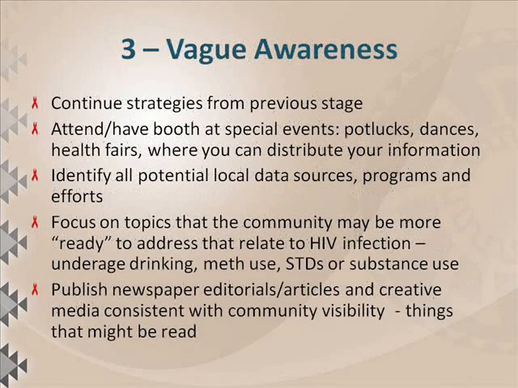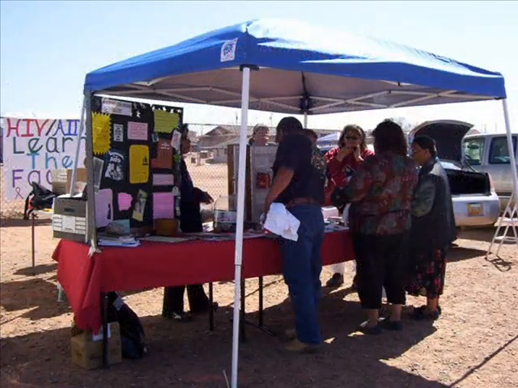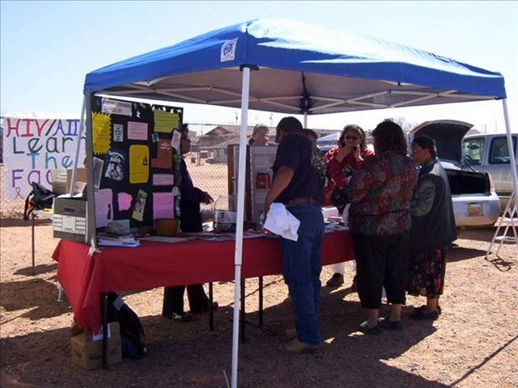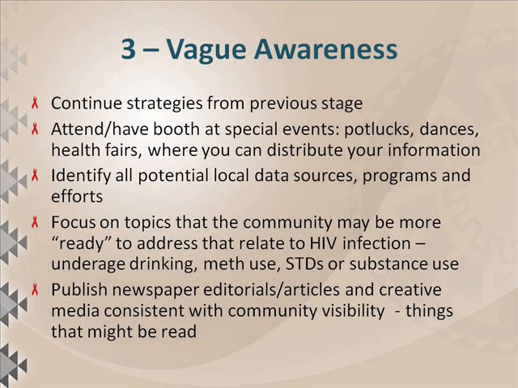At Vague Awareness, Stage 3, your goal will be that the community can make positive changes. The strategies to use, again, you can always continue those from the previous stage. But in addition, attend or have a booth at special events, such as potlucks, dances, health fairs, where you can distribute the information that you've gathered. Identify all potential local data sources, programs, and efforts.